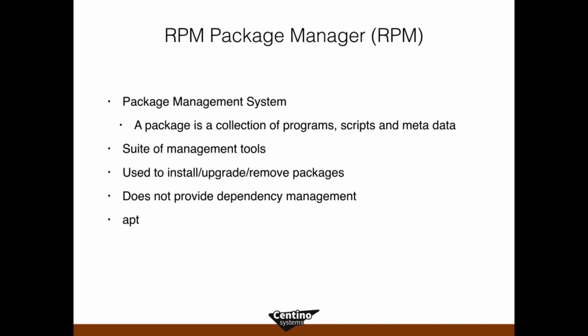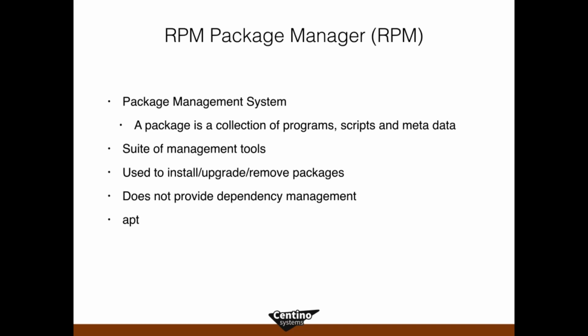So inside the package, if package A requires another package, that can be listed in our package metadata, which is great because that's how we can know how to install what we need to install to support what we need to install. So RPM, or the package management system, is really a suite of management tools that's used to install, upgrade, and remove packages.